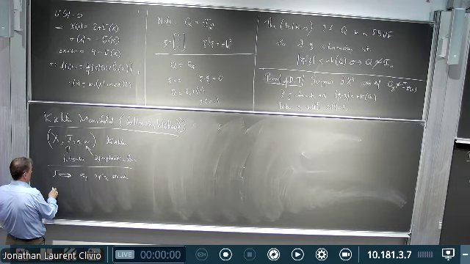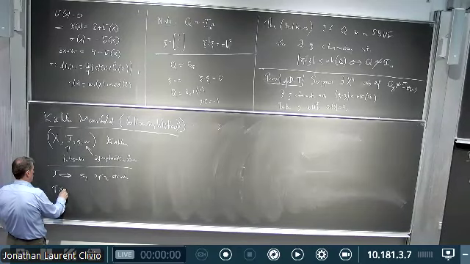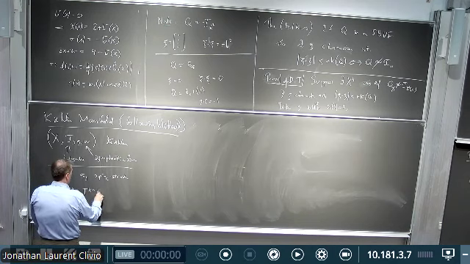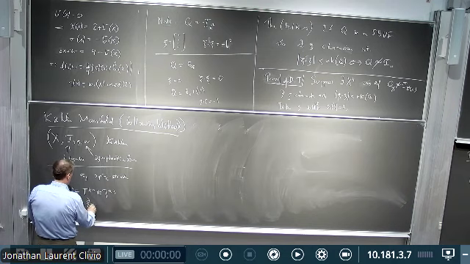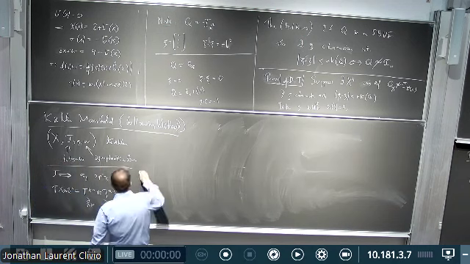Remember, if I have the J, then the complexified tangent bundle splits into a (1,0) and a (0,1) piece. In complex coordinates, these are the dz's and the dz-bars.